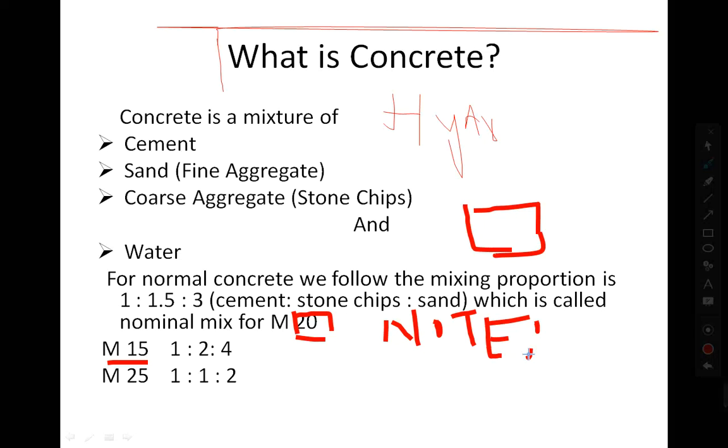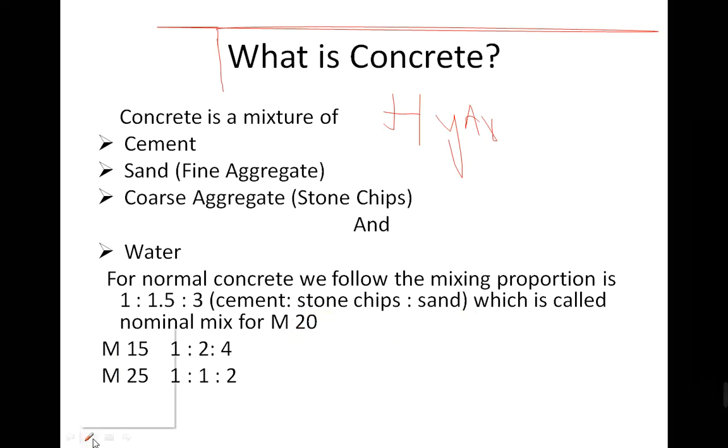Plain concrete is where we are not using any reinforcement. So concrete without reinforcement is mixed like this. So as per the IS code, minimum grade of concrete is M20 for RC construction, and for plain concrete, you use M15 or below M15.